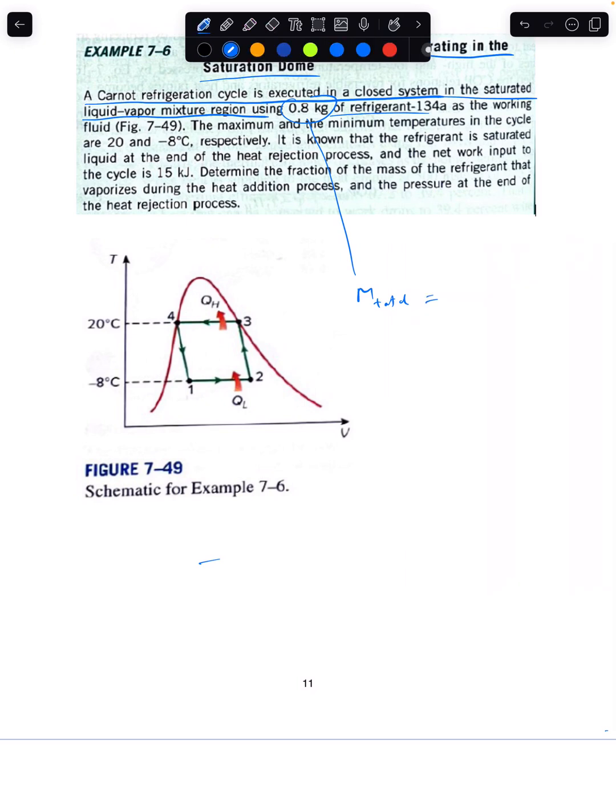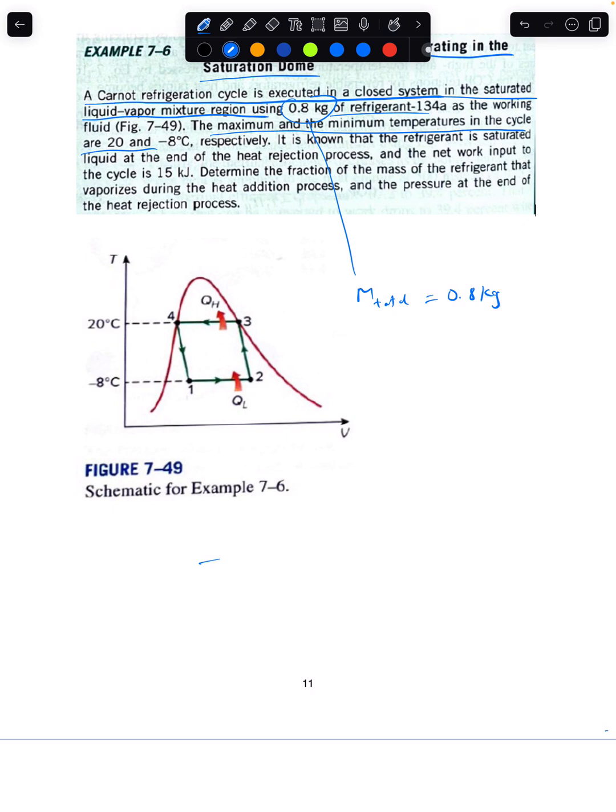And that total mass is equal to 0.8 kilogram. Make no mistake, it's important to know that. The maximum and minimum temperatures in the cycle are 20 degrees Celsius and minus 8 degrees Celsius.